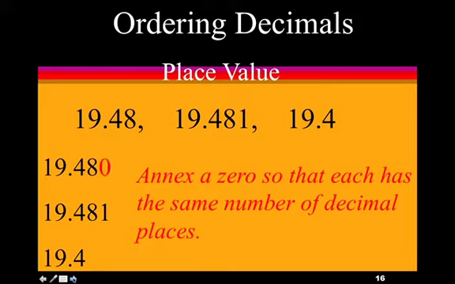So I put a 0 in the first number, and I'm going to put 2 zeros in the last number to have the same number of digits. Now I can start comparing places. I'm going to start by the tens place because that is my greatest place right now.